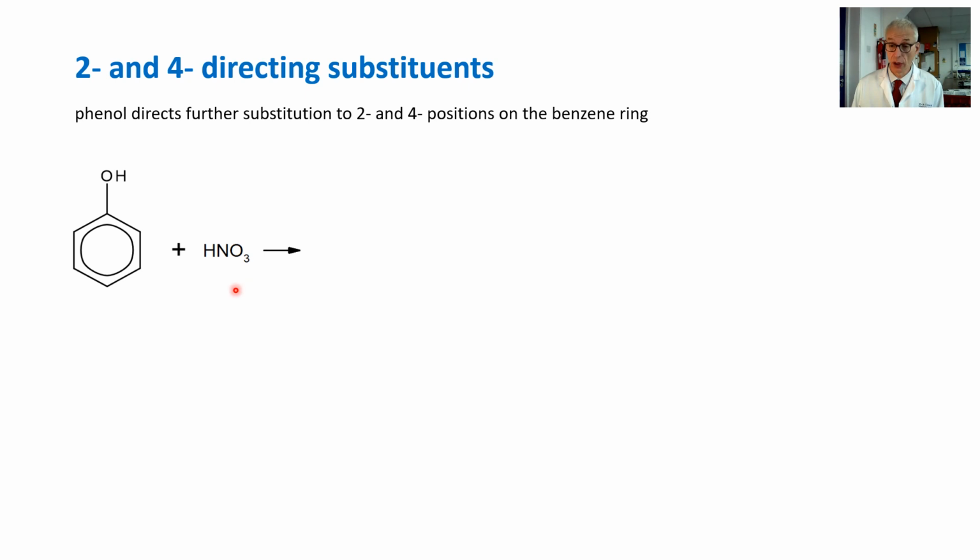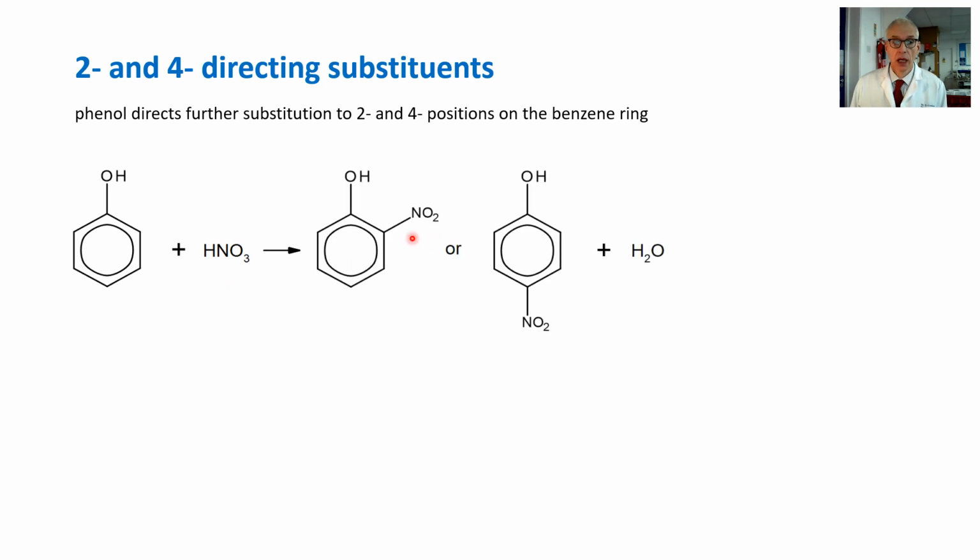Okay, so I'm going to reveal: 2-nitrophenol or 4-nitrophenol will comply with a 1-to-1 reacting ratio, plus of course water as your waste product. So phenol is 2 directing and 4 directing. The second substituent has been directed to position 2 or position 4 by the hydroxyl group in phenol.